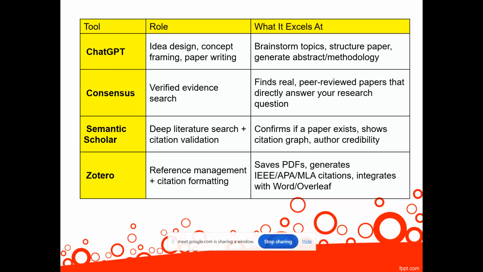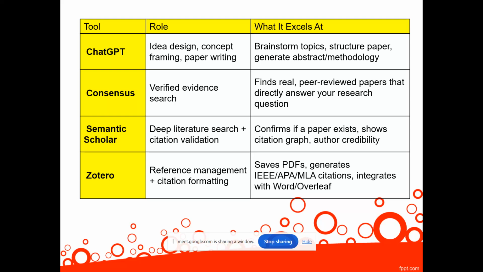Choice is always ours. Now, the main objective is that ChatGPT will help us with framing design ideas, concept framing, and also paper writing. Here, paper writing doesn't mean the entire paper will be drafted by ChatGPT.